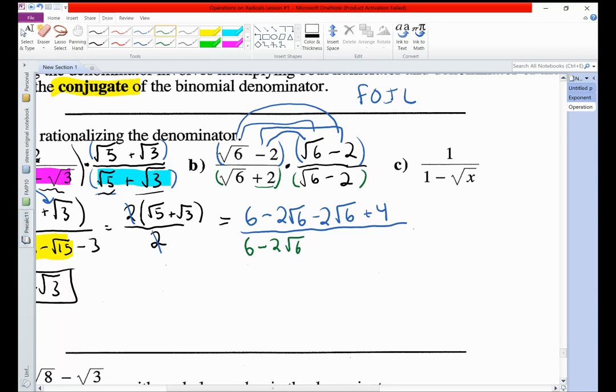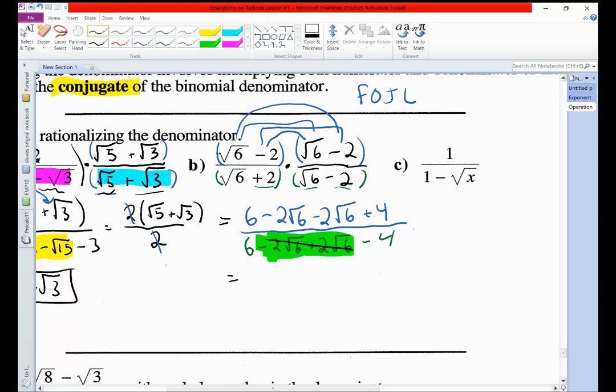And the inside terms, plus 2 multiplied by root 6 is positive 2 root 6. And then positive 2 multiplied by negative 2, the last terms, gives us negative 4. And the idea, again, is to get rid of any root signs in the denominator, and we can see that we have negative 2 root 6 plus 2 root 6, so they end up canceling out.